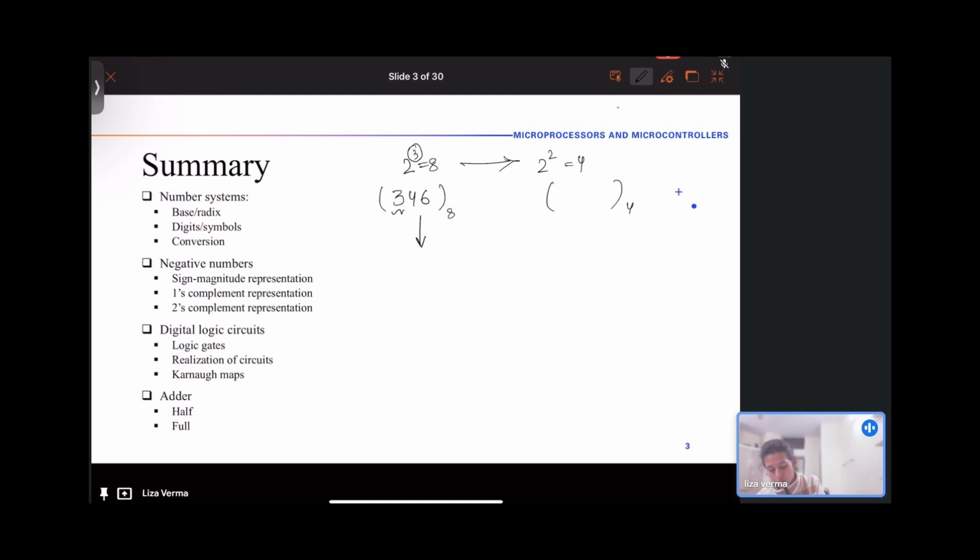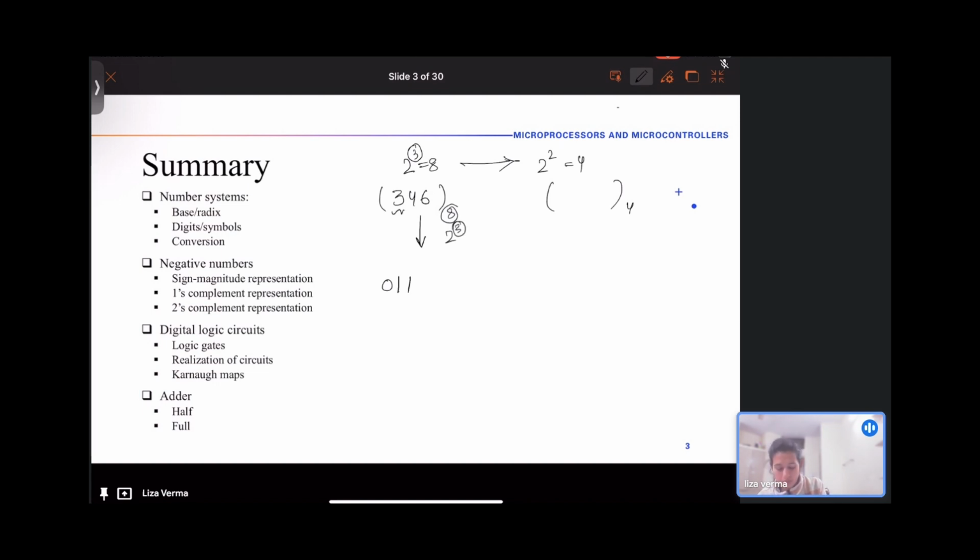For example, 3 in binary can be represented by 1 1, but here we'll take the number of bits to represent 3 as 3, because 8 is 2 to the power 3.